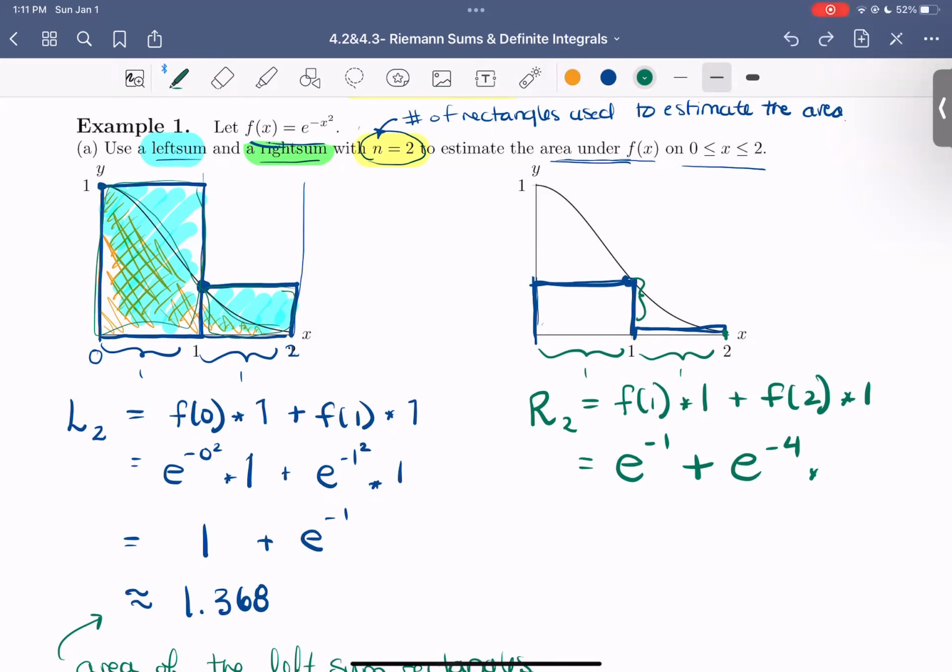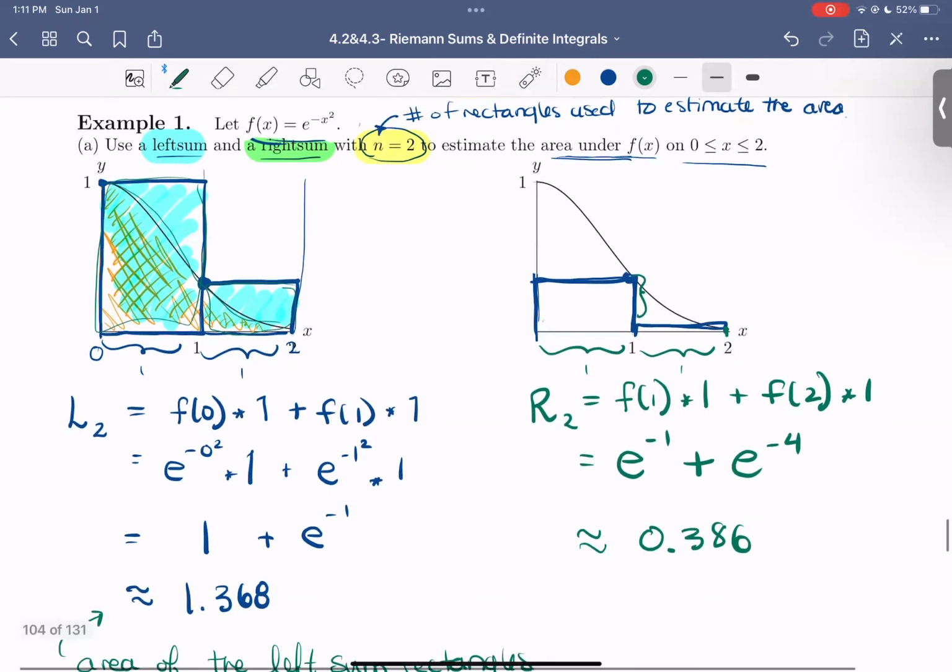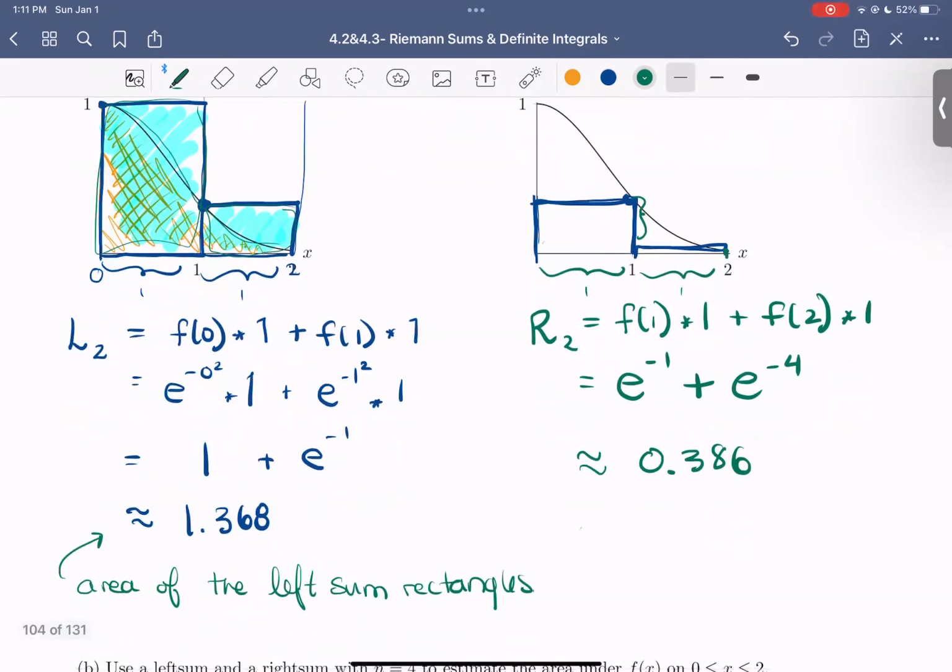And I don't even need that times 1, right? All right, so we have e to the negative 1 plus e to the negative 4. So we can consult our calculator to get an estimate here. And we're getting that the area is about 0.386. So this is the area of the right sum rectangles.